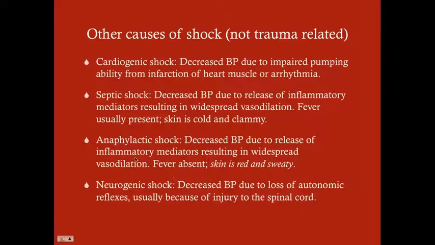clammy. With anaphylactic shock, it's similar to septic shock as far as that you've got inflammatory mediators and vasodilation, but in these patients, the fever will be absent and the skin will be red and sweaty, and that red and sweaty skin stands in contrast to all the other causes of shock. And again, in these, just remember to put it in clinical context.